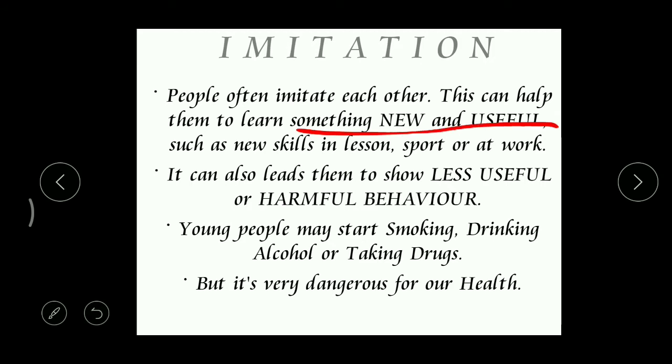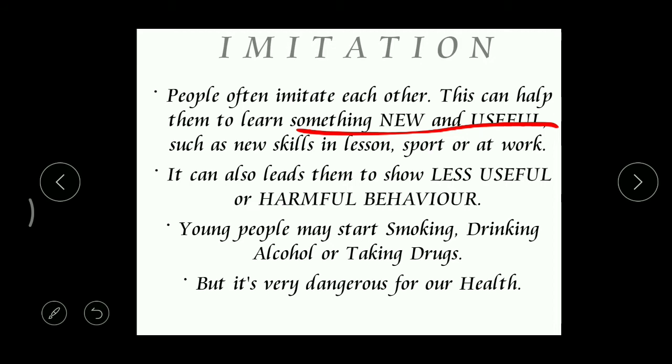Say, for example, your teacher is checking your homework. Whenever he finds one child did the homework in an excellent manner, what does he do? Immediately the teacher will show his homework to the entire class, and he will praise that child. See how beautifully this child did the homework, and this is the way you have to do.